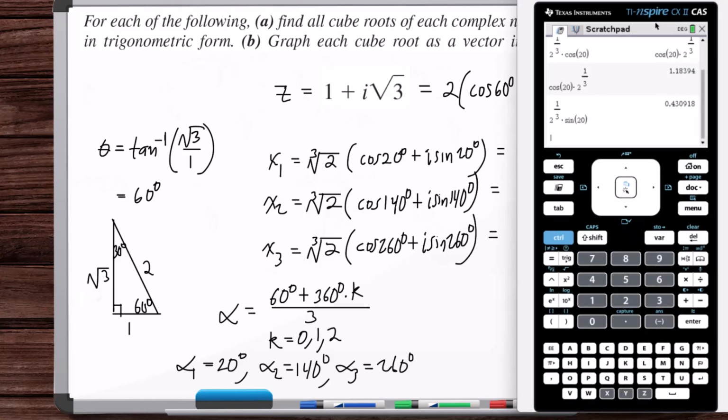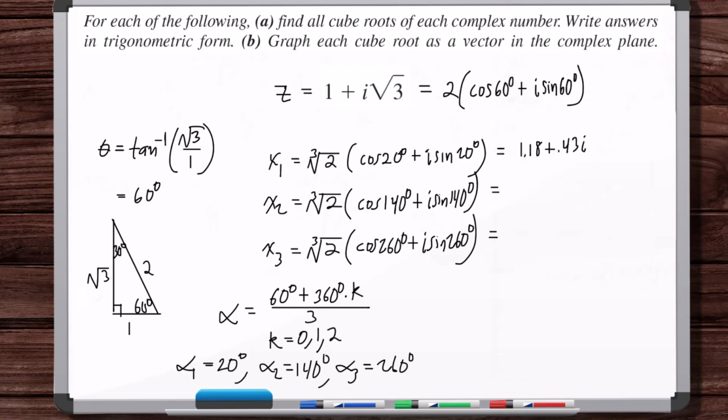Okay, let's see. Now we've got cosine, and we want to do 140. Okay, now, all right, minus 0.97 plus 0.81i.